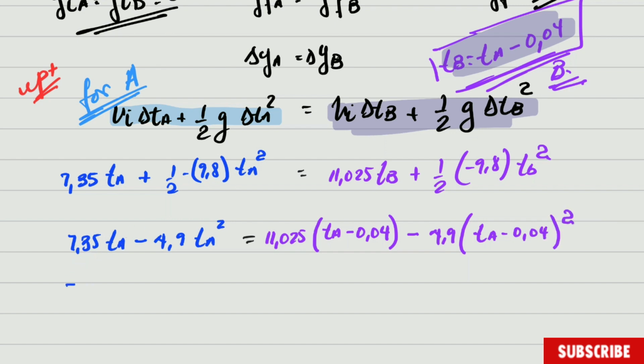So let's carry on working. This one is 7.35 TA minus 4.9 TA squared.